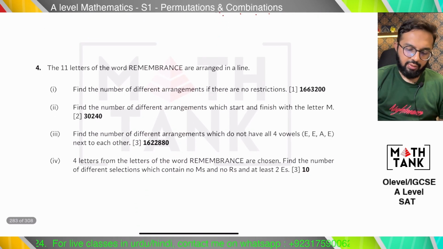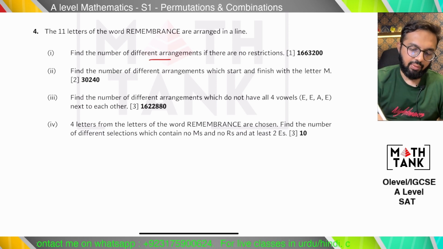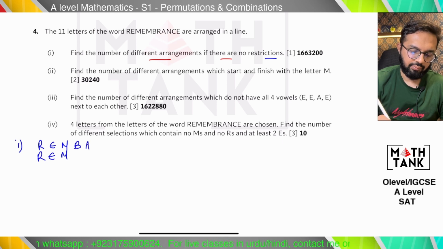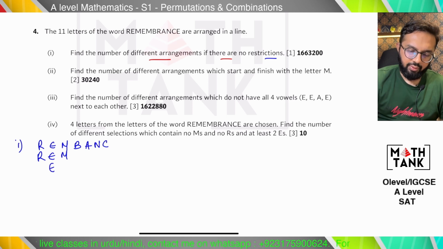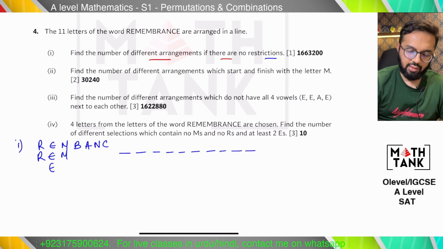Okay, moving on to the next question. It says the 11 letters of the word remembrance are arranged in a line. Find the number of different arrangements if there are no restrictions. So first write remembrance in the way that I've been writing them. Okay, so how many different letters are we arranging? 1, 2, 3, 4, 5, 6, 7, 8, 9, 10, 11.